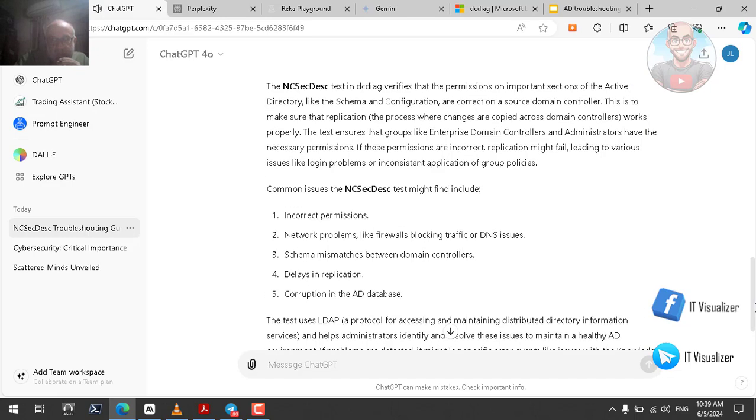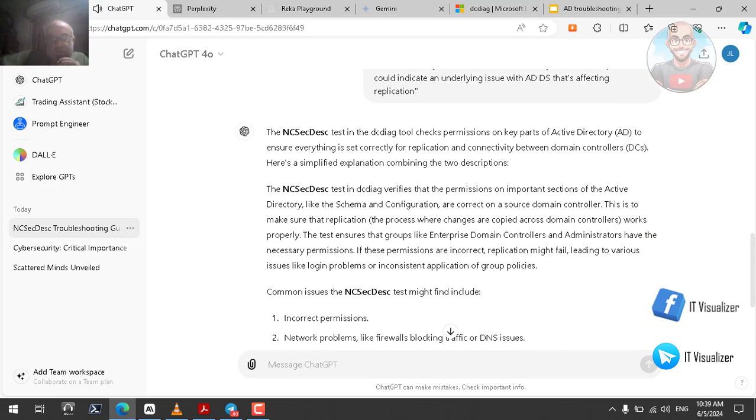The NCSec desk test in the DCDIAG tool checks permissions on key parts of Active Directory, AD, to ensure everything is set correctly for replication and connectivity between domain controllers, DCs. Here's a simplified explanation combining the two descriptions. The NCSec desk test in DCDIAG verifies that the permissions on important sections of the Active Directory, like the schema and configuration, are correct on a source domain controller.